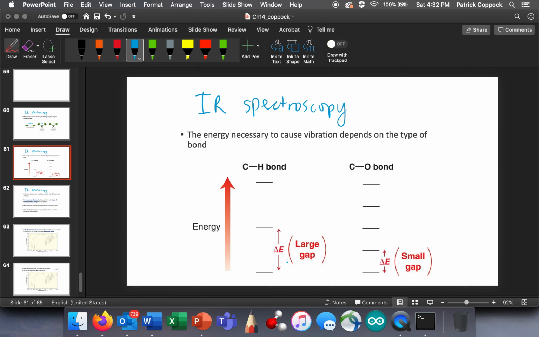So you might have a large energy gap for the frequency of a CH bond from this state to this state, and remember that E equals h nu. So a big gap is going to require a big frequency in order to get a transition from this energy state to that energy state, and a smaller one is going to require a lower frequency.